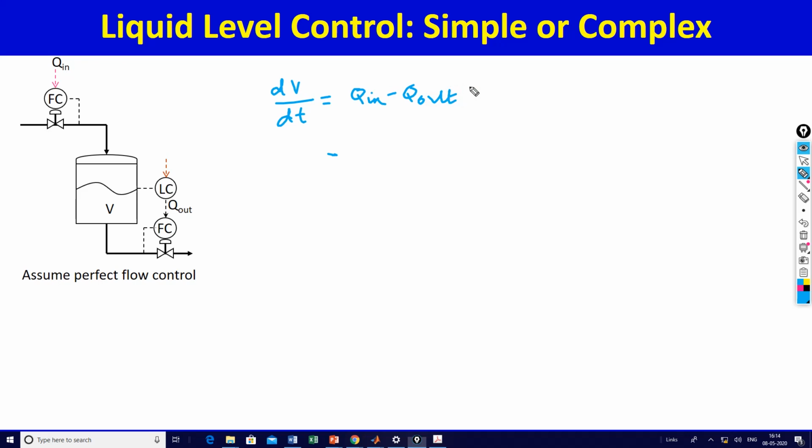And Q out, because it's a PI controller, may be written as Q out is equal to Kc times, and if the volume increases, Q out should increase, so there will be no negative sign there, so we will have Kc times V plus 1 by tau I times integral of V dt, and it's all deviation variable, so there will be no bias term.